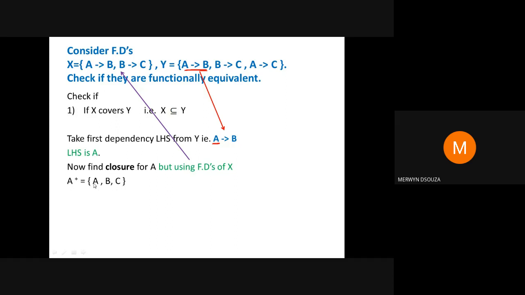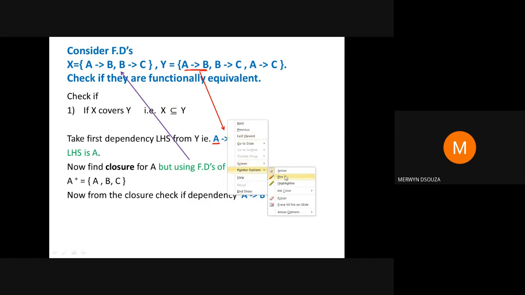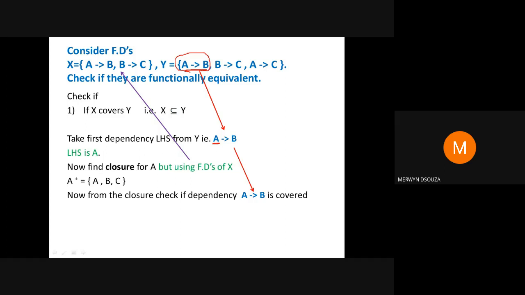Once you have found the closure, the next step is to find out whether the dependency you have taken is present in the closure, that is, whether it is covered by X. This is a dependency given in Y, and we want to know whether X covers it.